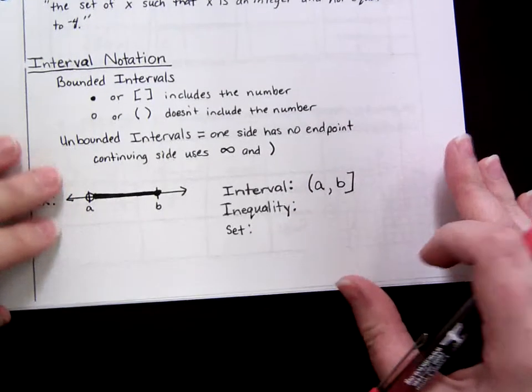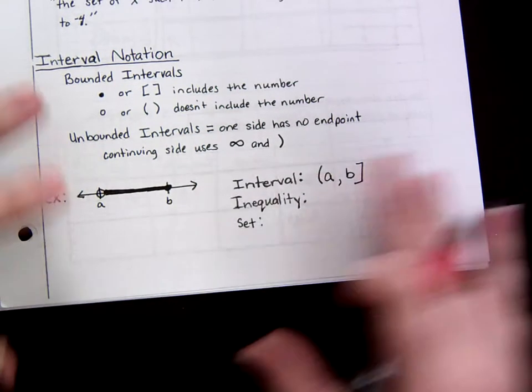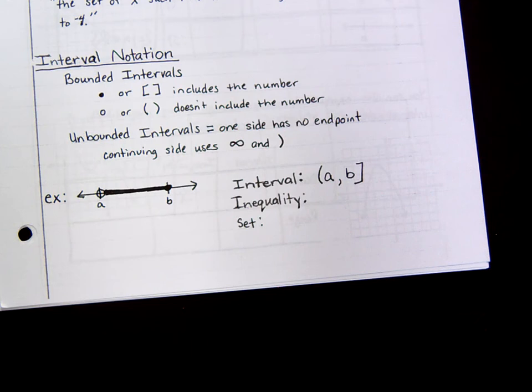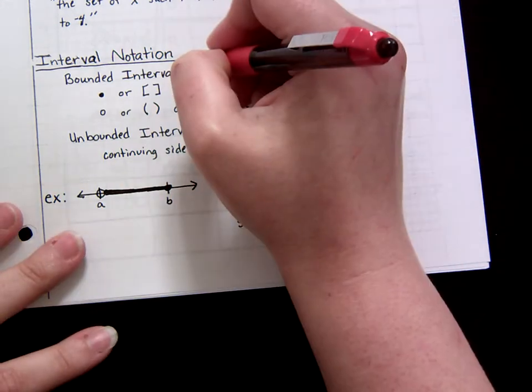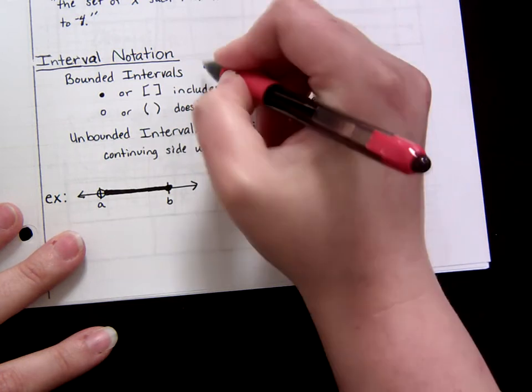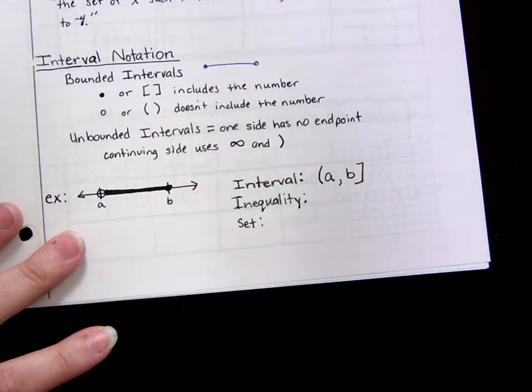So this is a good way of defining a large set of numbers, an infinite set of numbers that might have some exceptions. Another way to represent a large group of numbers is with interval notation. It's not quite the same as set notation, but we can use both of these to represent domain and range of graphs and number lines. Now, bounded intervals have endpoints on both sides.